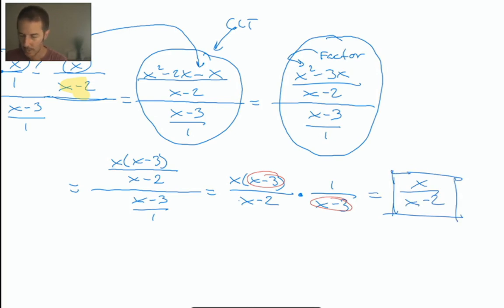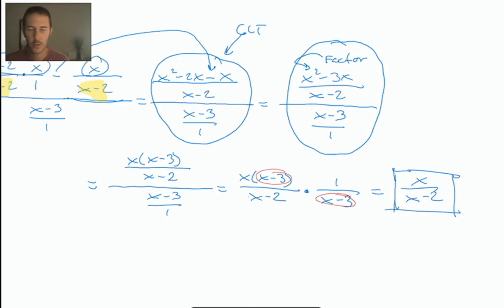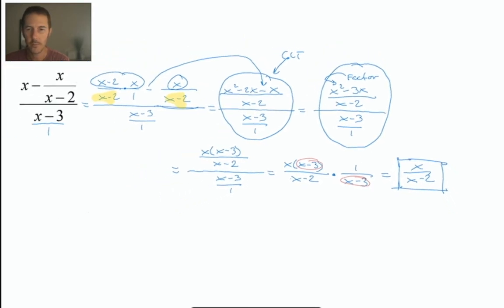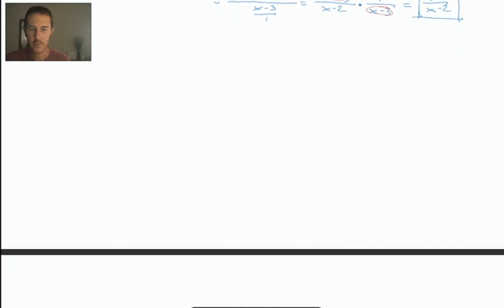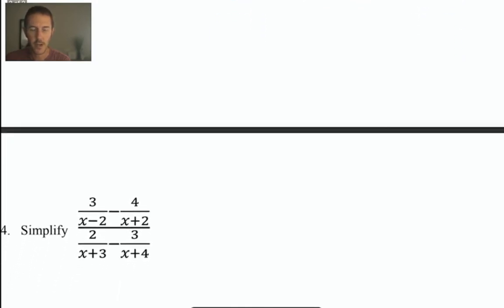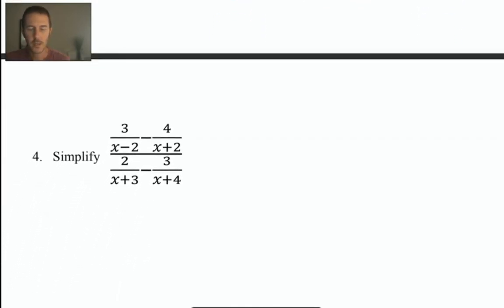Close that box. There we go. Looks a little rough. X over x minus 2 is our final answer, and I'm pretty sure that is going to give you as comprehensive a look at the process of simplifying complex fractions as you're going to need.